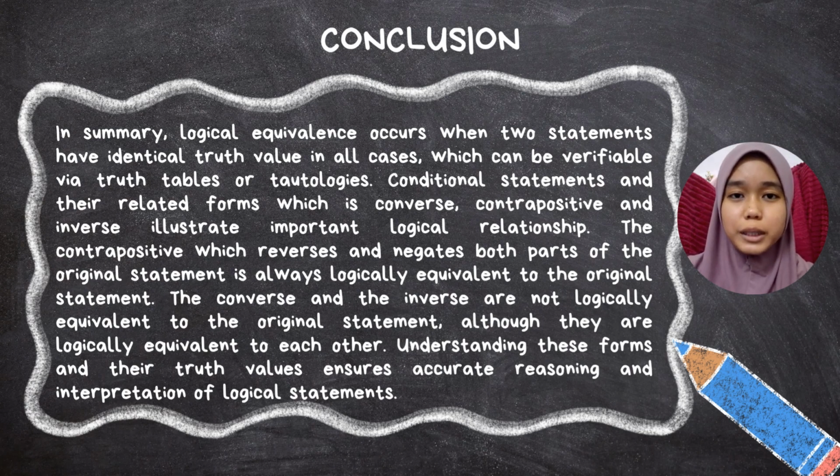The contrapositive, which reverses and negates both parts of the original statement, is always logically equivalent to the original statement. The converse and the inverse are not logically equivalent to the original statement, although they are logically equivalent to each other. Understanding these forms and their truth value ensures accurate reasoning and interpretation of logical statements.